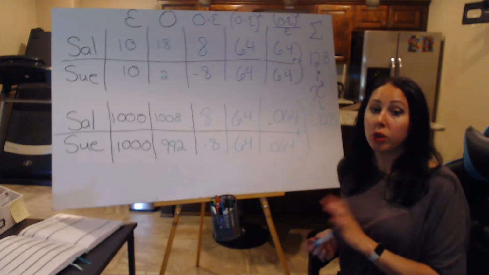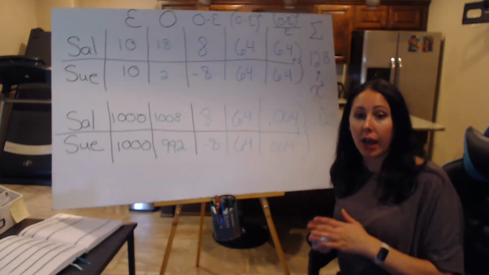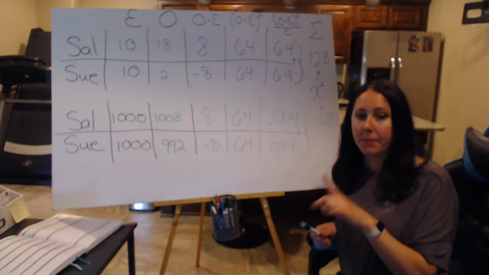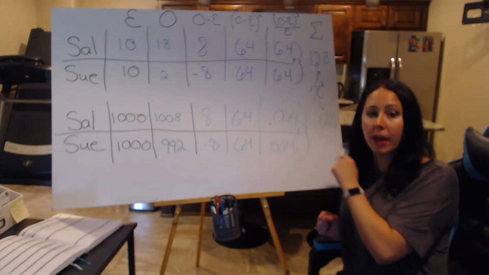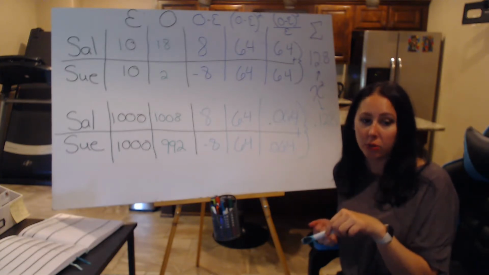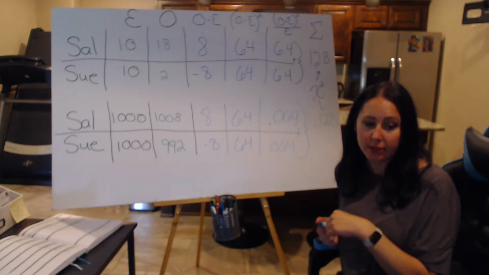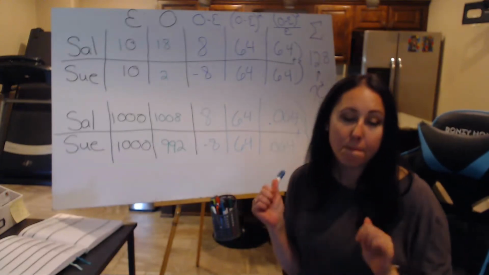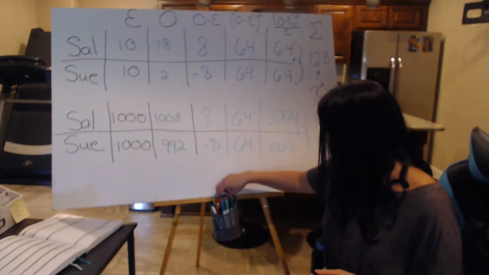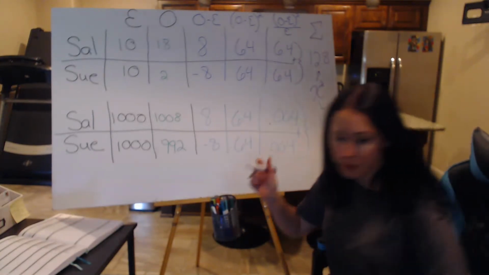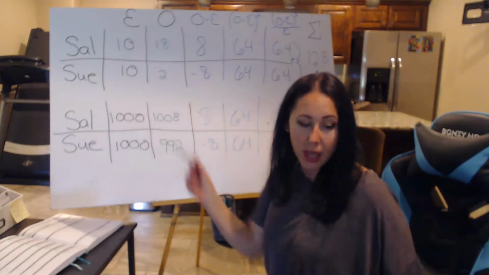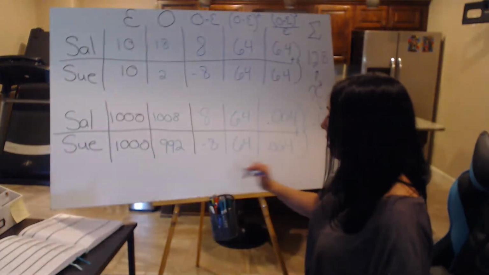If you look in the back of your book at your chi-square table, one thing you'll see is that there's one more step here. Because in order to evaluate how significant it is, you have to know your degrees of freedom. For a basic chi-square, your degree of freedom is going to be the number of categories, number of possible outcomes, minus 1.